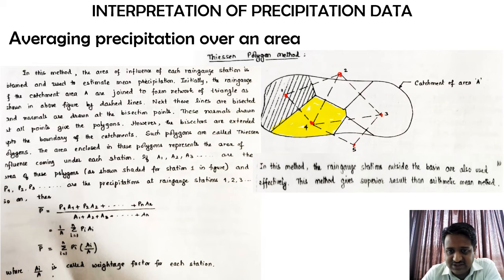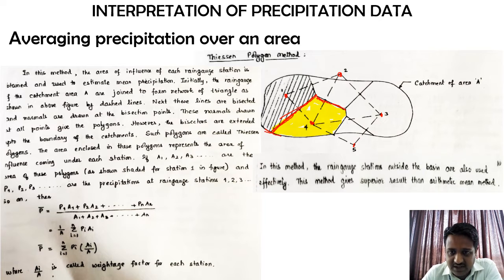This is the first bisection line between rain gauge station 1 and 4, and I have extended that till the end of this catchment area or till one more bisection point is reached. Similarly, this bisection line is for the intersection between rain gauge station 4 and rain gauge station 2.